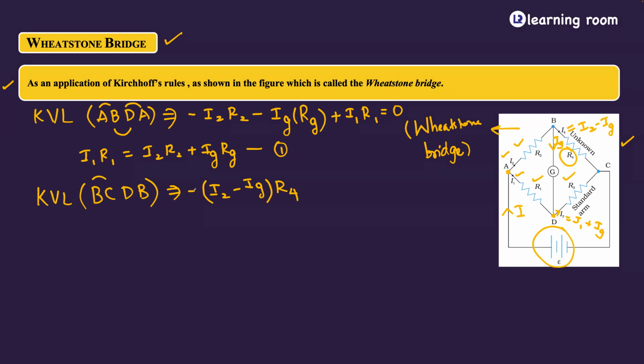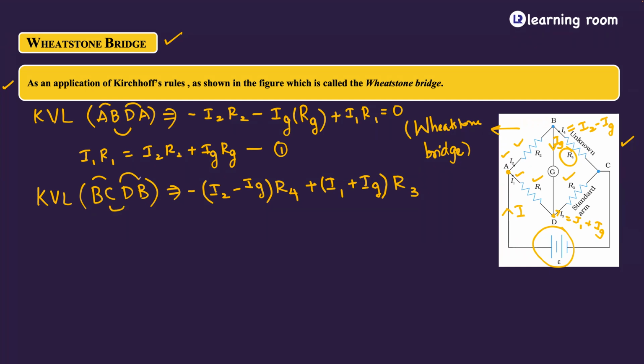When you go from C to D, it is in the direction opposite to the current, and it is I3 into R3, but I3 can be replaced with I1 plus IG. So it is going to be plus I1 plus IG into R3. That is from C to D.